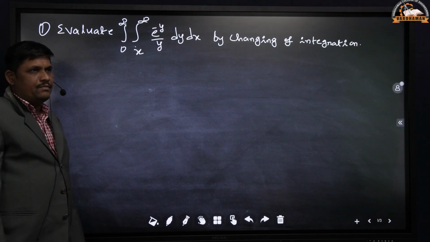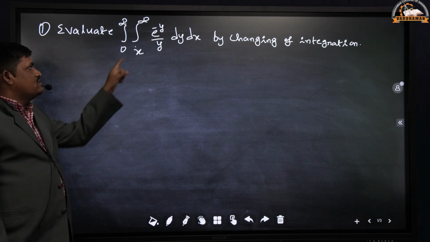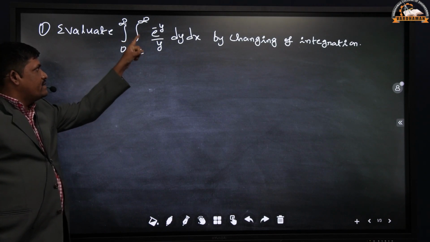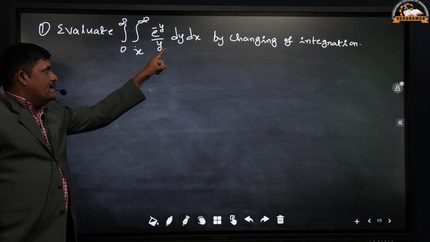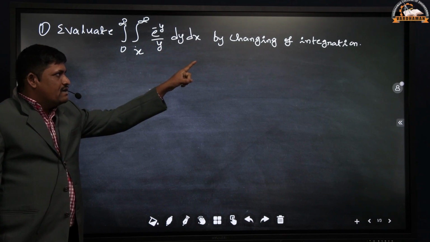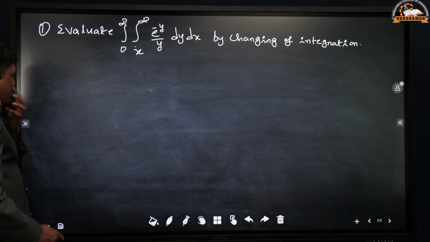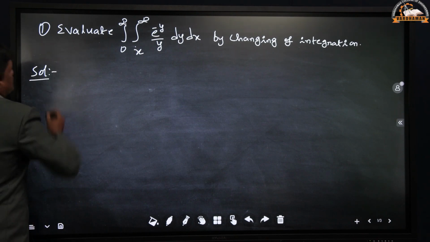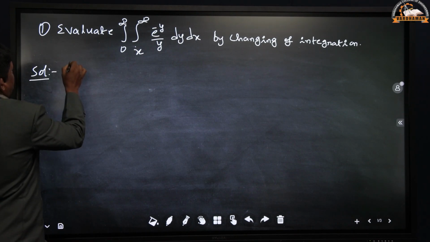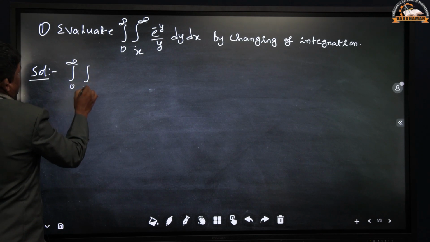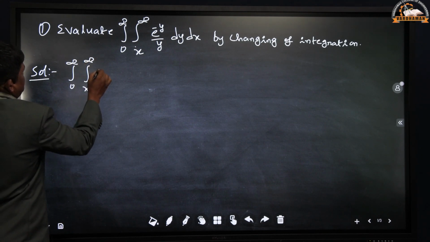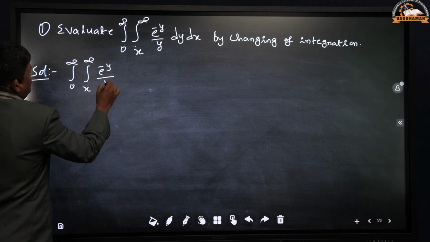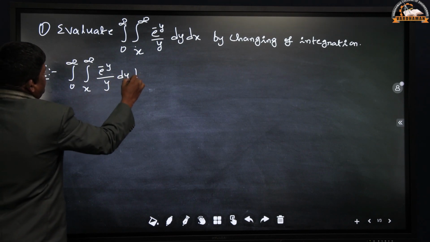Let us discuss question number 1. Evaluate the integral from 0 to infinity, integral from x to infinity, e power minus y by y dy dx, by changing the order of integration. First, decide the limits. Solution: the integral from 0 to infinity, integral from x to infinity of e power minus y by y dy dx.